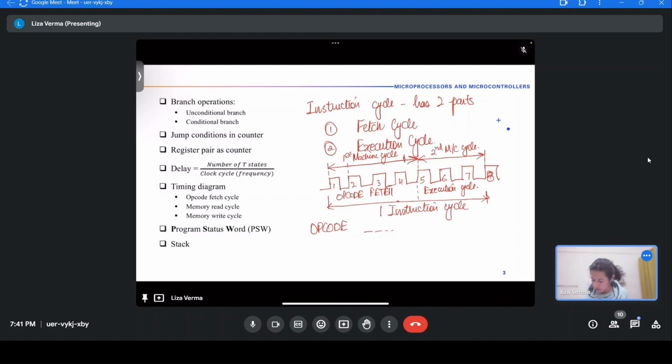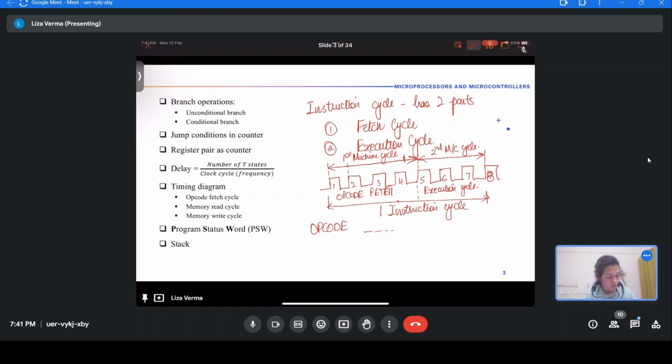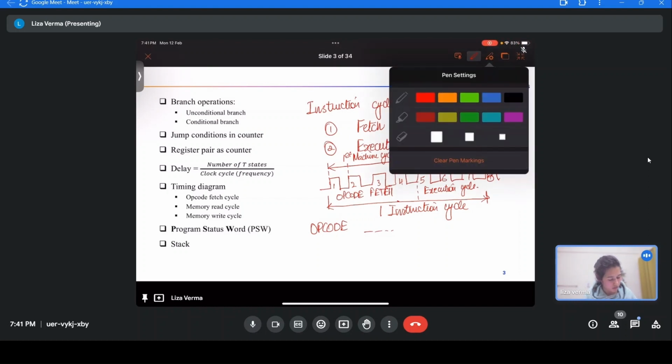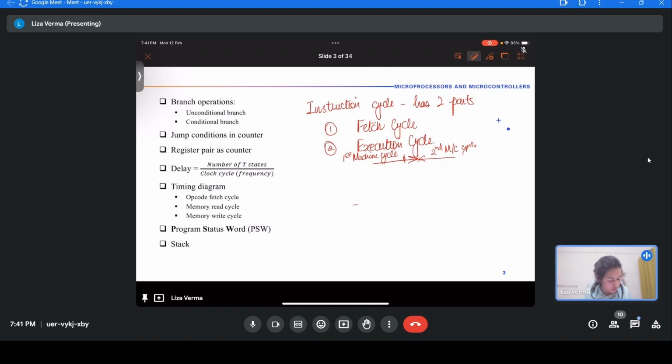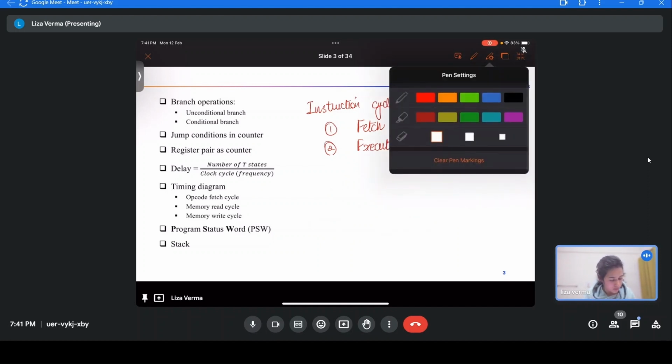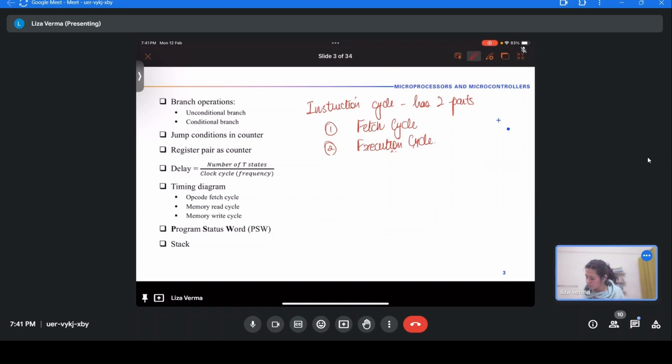So you know how an instruction cycle is composed: of two machine cycles, and all of these machine cycles contain T states, from the clock. Next, what will happen during the first T state?